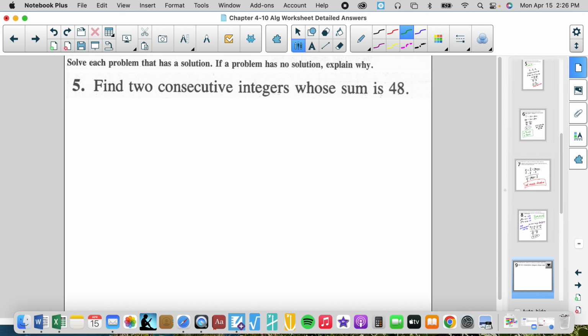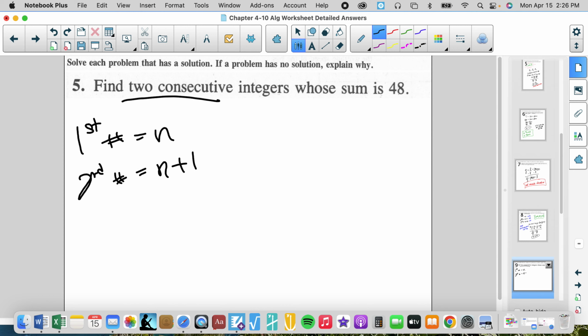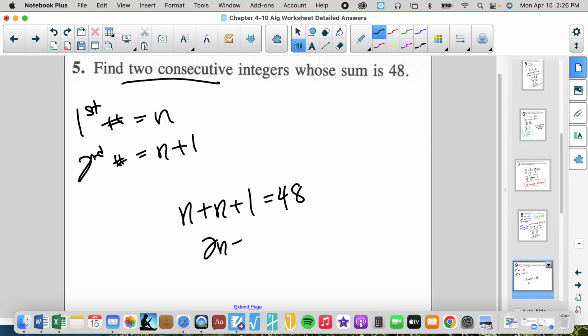So how do we write that? Well, this is the way we would do it. The first number equals n. The second number consecutive, so equals n plus 1. So the sum of those two equals 48. So we get 2n plus 1 equals 48.